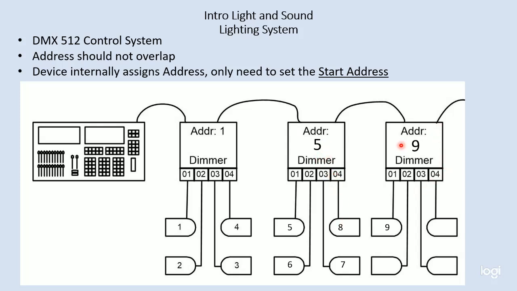And our next available address is address 9. So in our third dimmer pack, we're going to set this address to 9, right? So our first one then is 9. Our next one would be 10. The next one 11. And the last one would be 12, right? Each device only needs its starting address, and the following addresses are presumed.